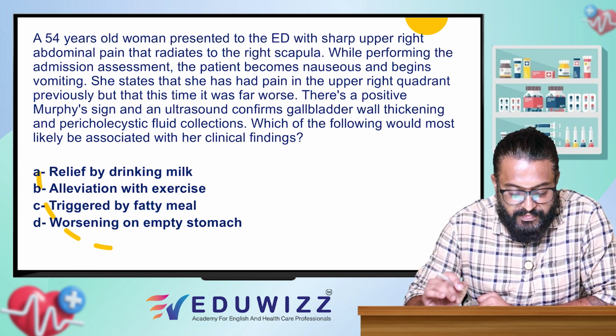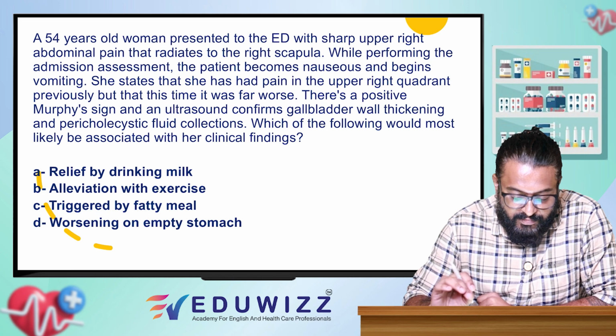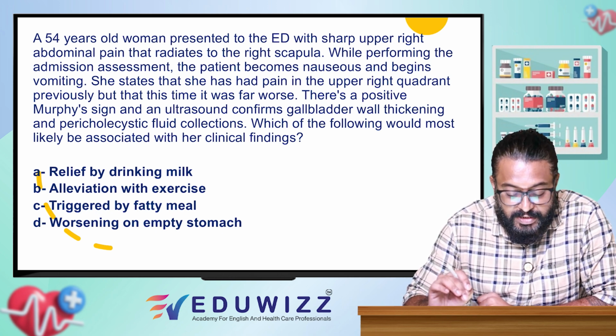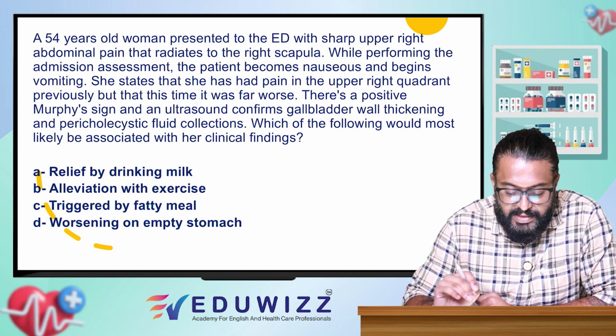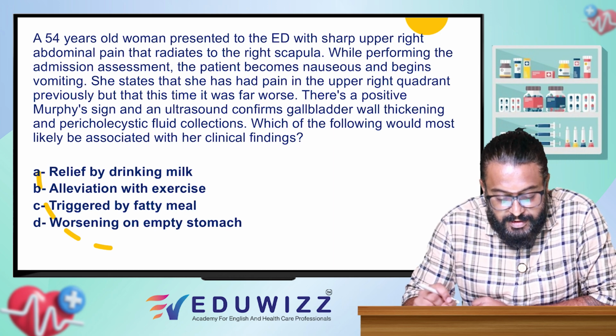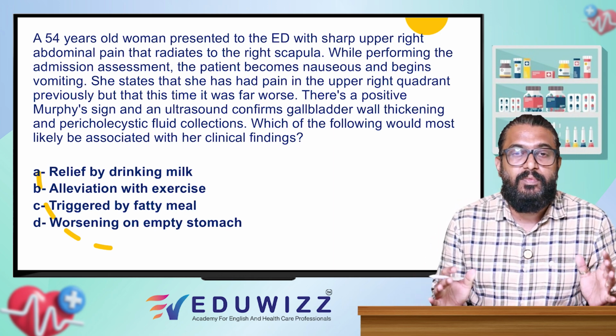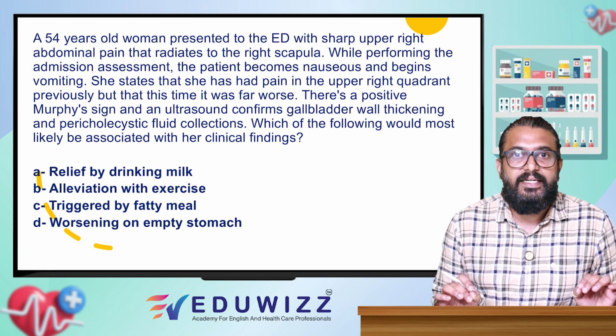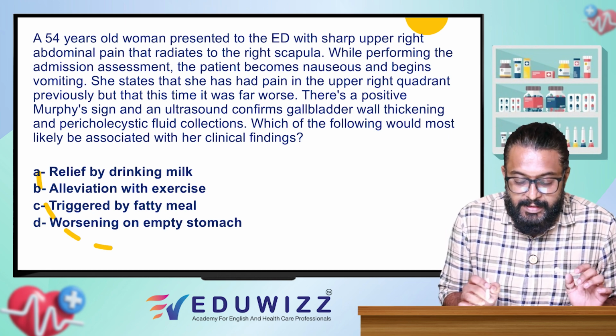There is a positive Murphy sign, and an ultrasound confirms gallbladder wall thickening and pericholecystic fluid collections. Which of the following would most likely be associated with her clinical findings? Here it's clearly given, all the details, even the diagnosis: cholecystitis, gallbladder wall thickening.